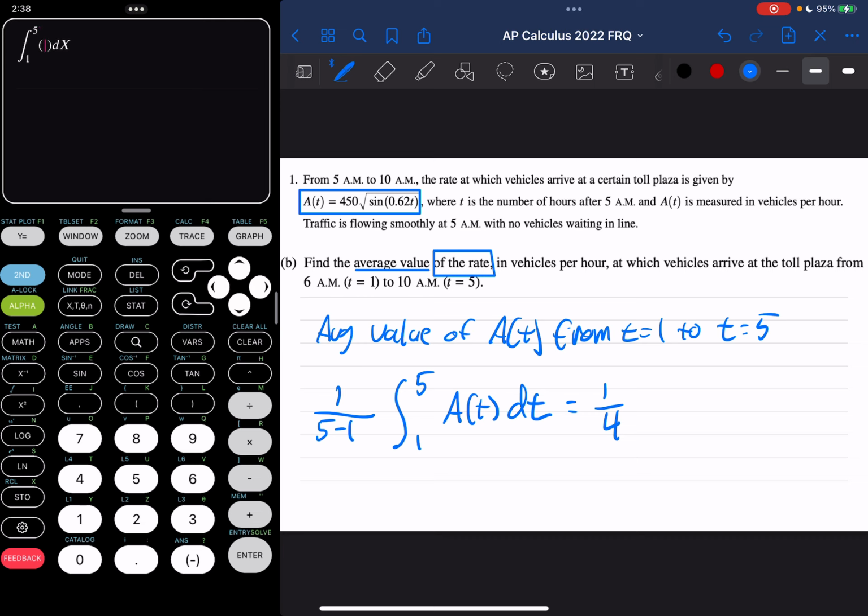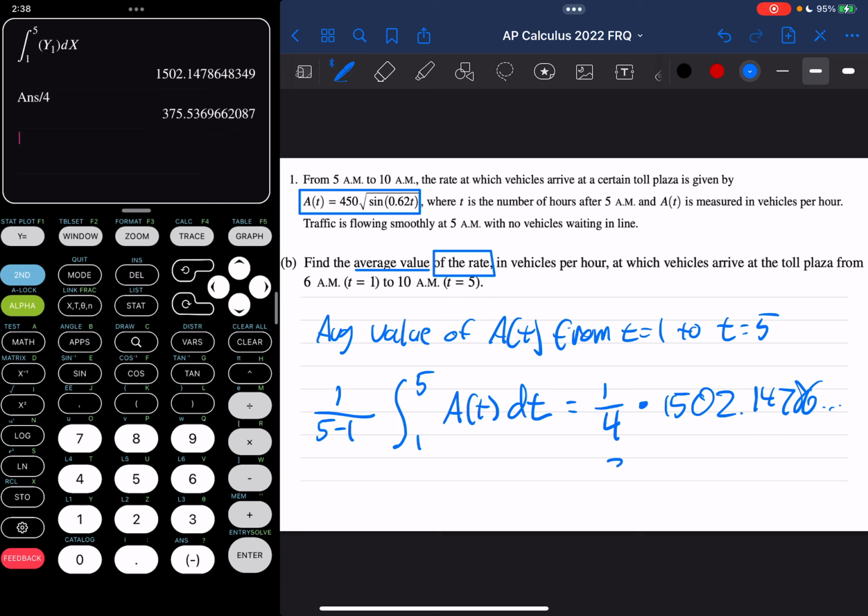I'm just going to type in vars, function, Y1. Now that's according to x. So we have that, and that is 1502.1714786, and then we have to divide that by 4.